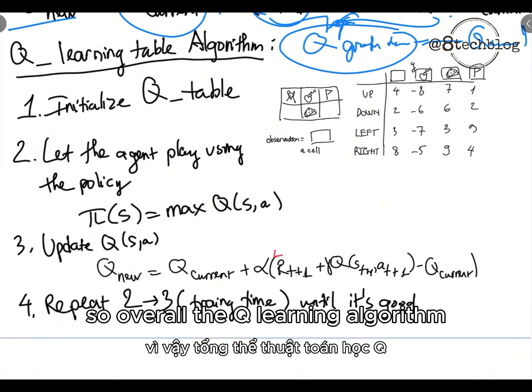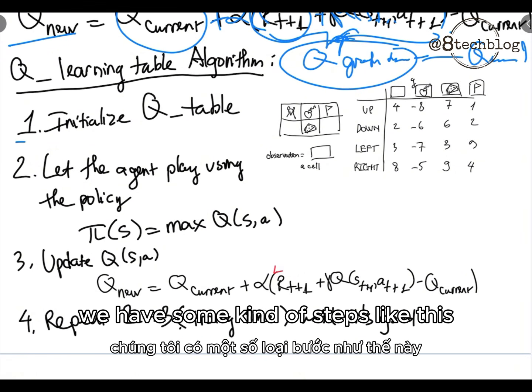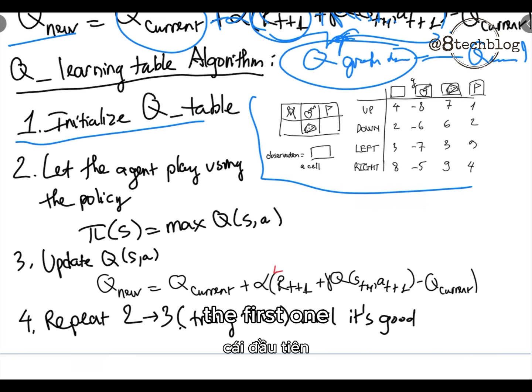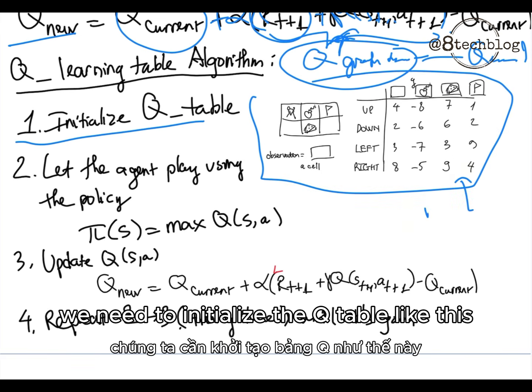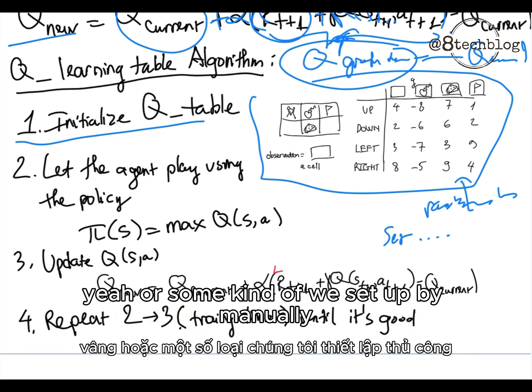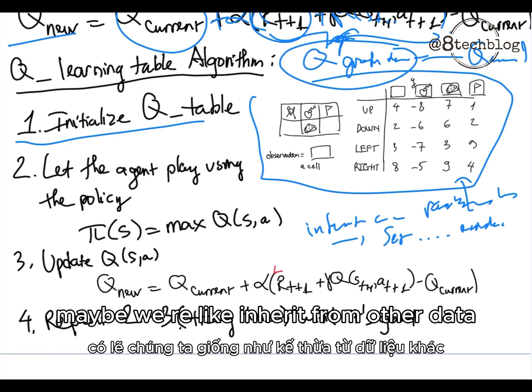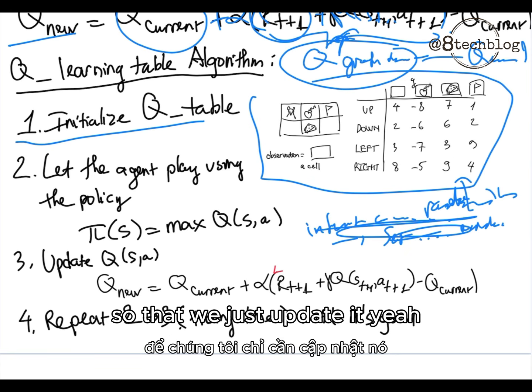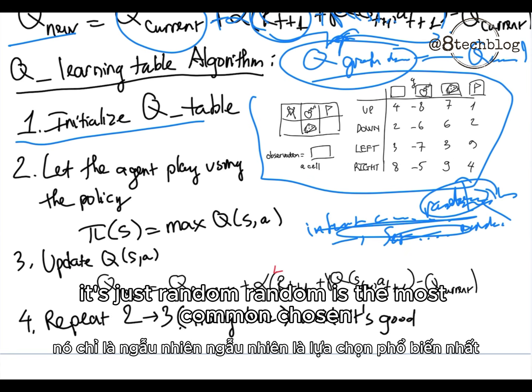So overall, the Q learning algorithm has some steps like this. The first one, we need to initialize the Q table. We use some random numbers, or we set it up manually, or maybe we inherit from other data so that we just update it. But overall it's just random.